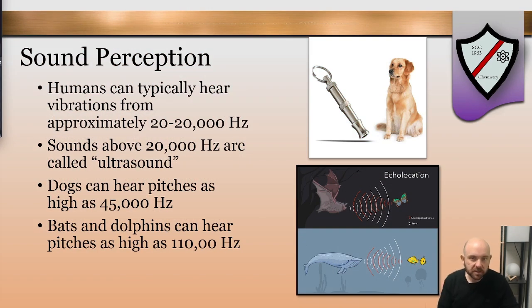And since we've had this discussion of what frequency relates to a sound wave, now we can talk about our sound perception and what that means. Humans typically hear vibrations from approximately 20 to 20,000 hertz.